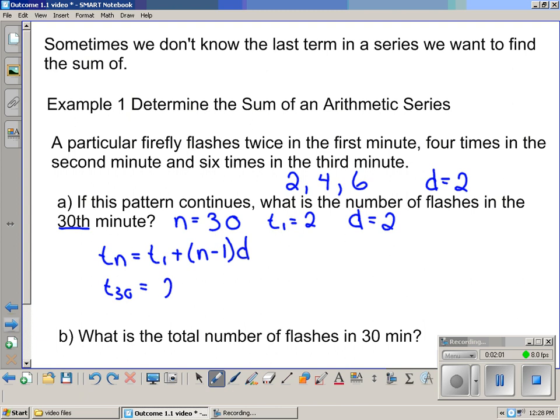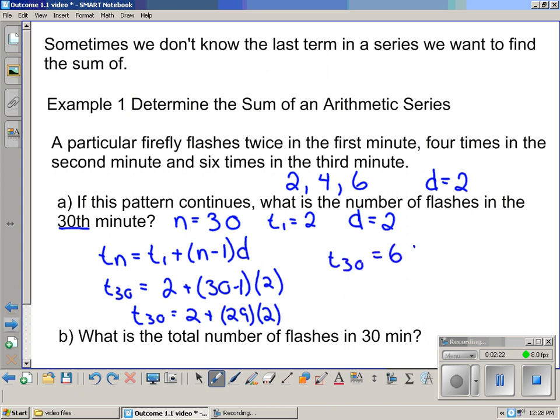So T1 is 2 plus (30 minus 1) times 2. So T30 is 2 plus 29 times 2. 29 times 2 is 58, plus 2 is 60. So T30 is 60 times. So in the 30th minute, that little firefly is going to flash 60 times.